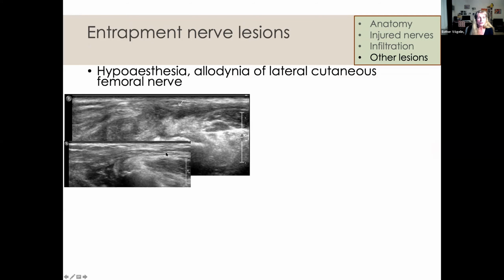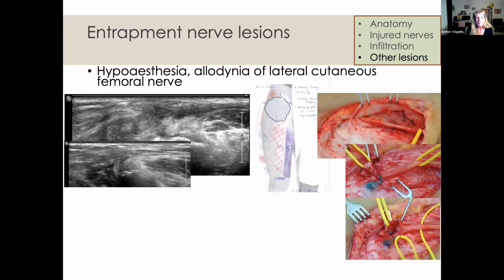And in the longitudinal sections, there is actually also the nerve not anymore going further down. This corresponds to allodynia in this area, hyperesthesia in this area of her anterolateral thigh. We did several infiltrations of this nerve and then operated on her, and we found an entrapped nerve in a suture of her previous hip surgery.